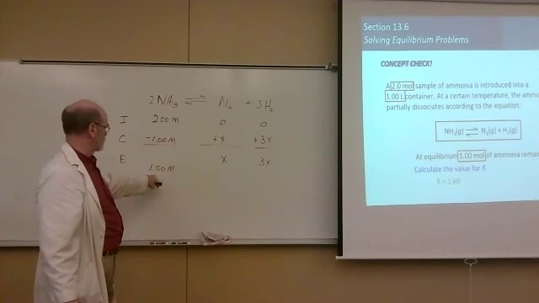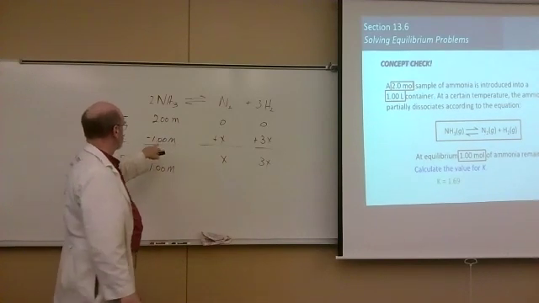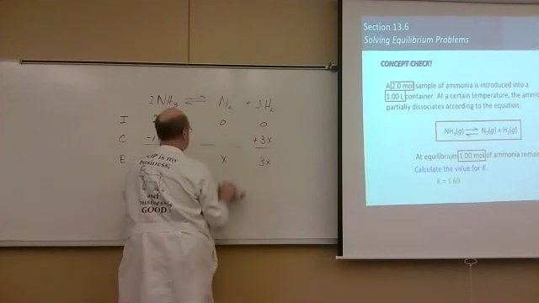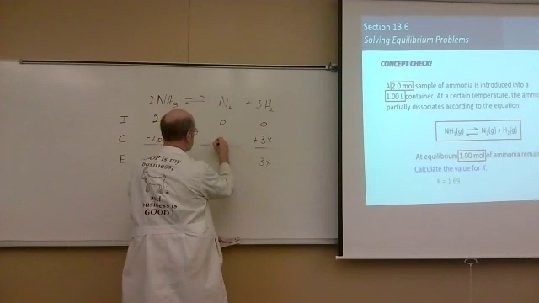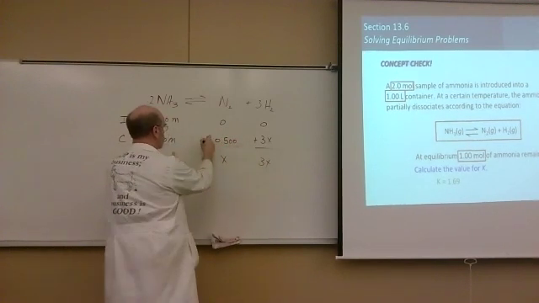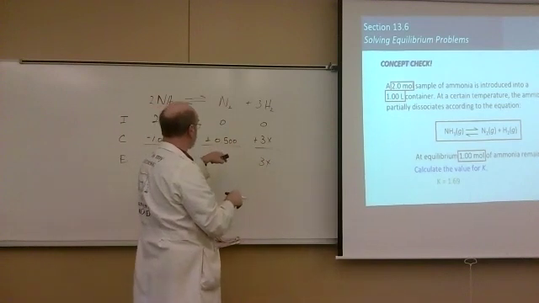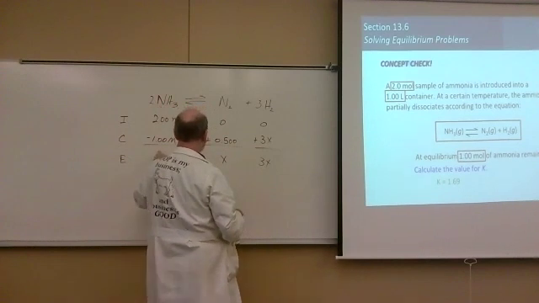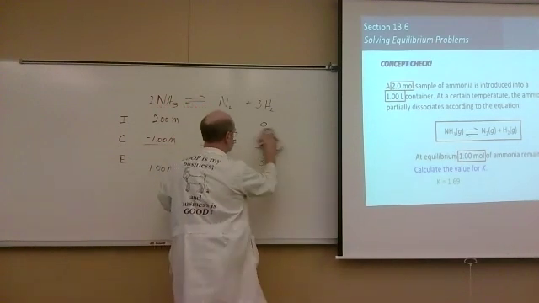We're given this, so that means we lost 1 of these. So for every 2 of these, we lose 1 of those. So that means we lost half molar. I mean, we gained half molar on this side. And for every 2 of those, we gained 3 of these. So that means this is 1.5.